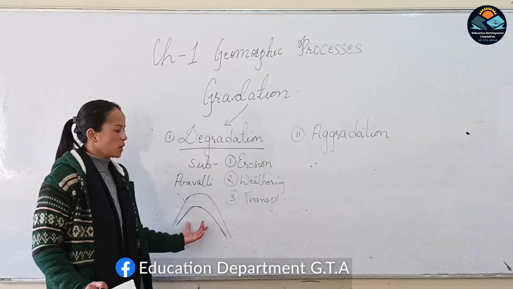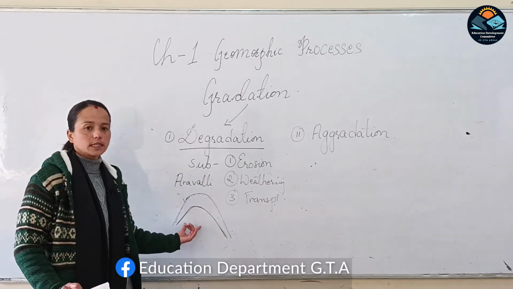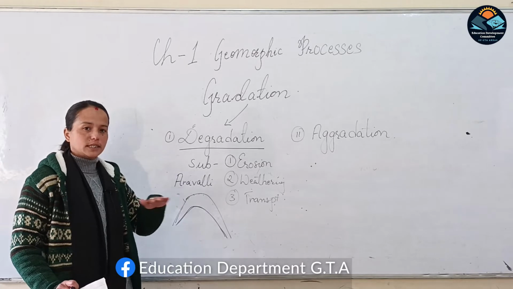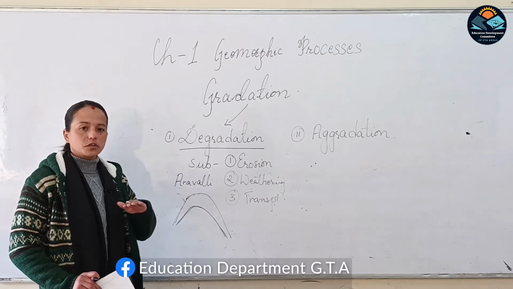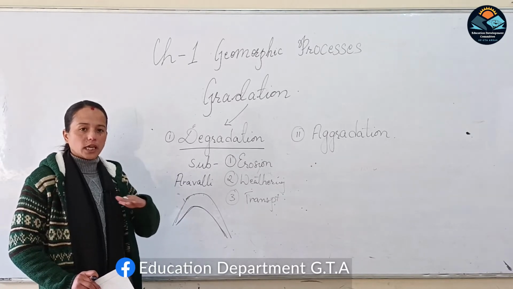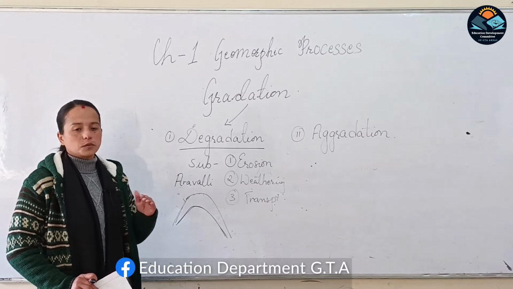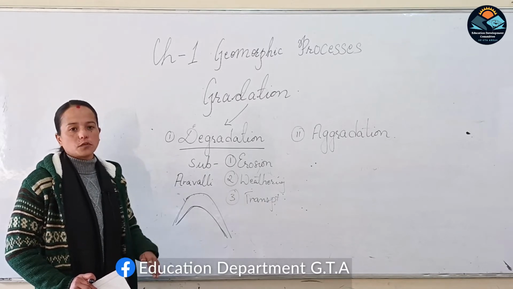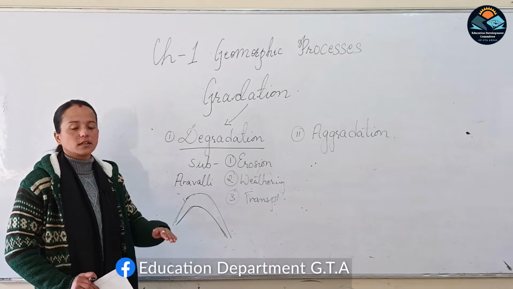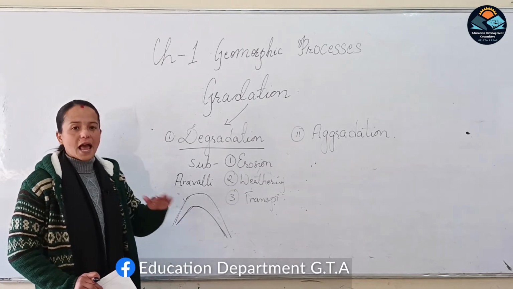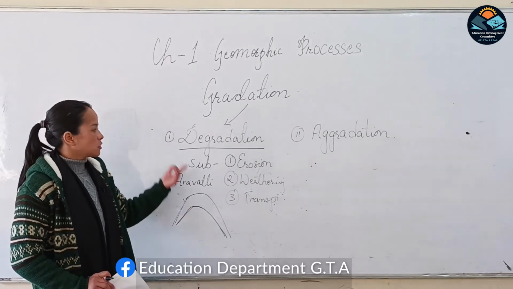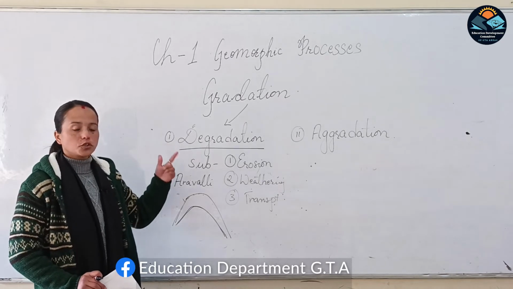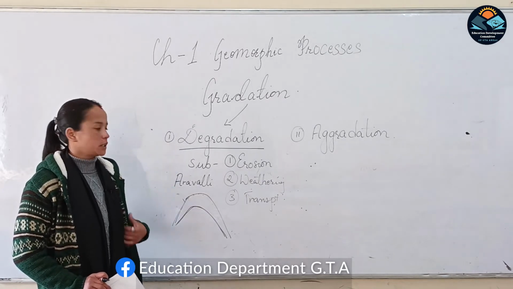In this way, the Aravalli range lost its height. So now the process of degradation is trying to level the surface of the earth, trying to make the surface of the earth flat and a leveled land. So that is degradation, which means to lower the height of the earth's surface.